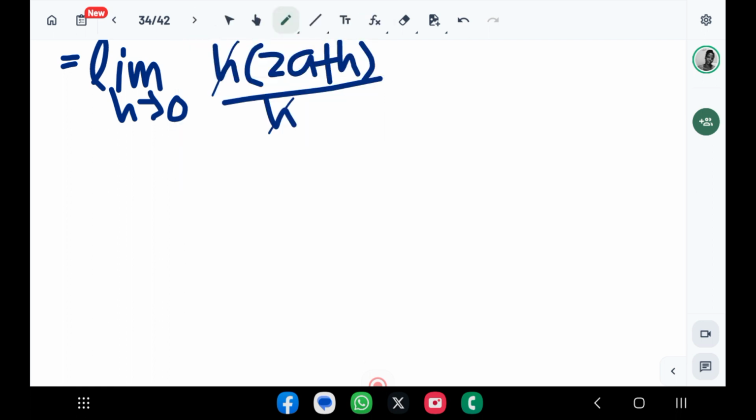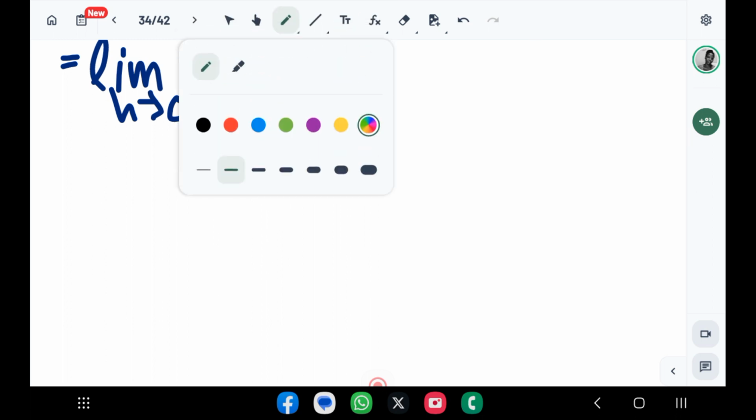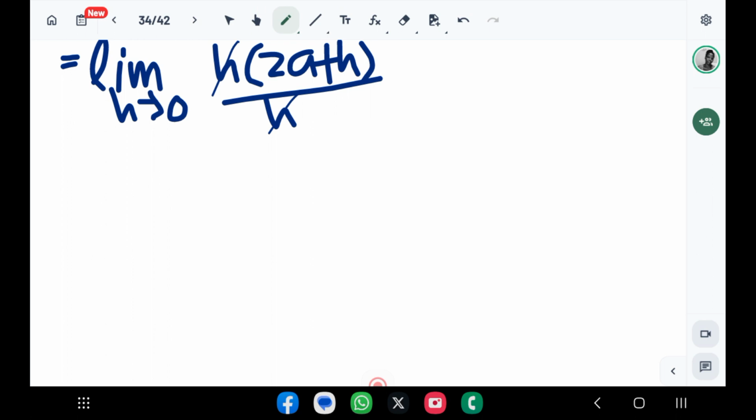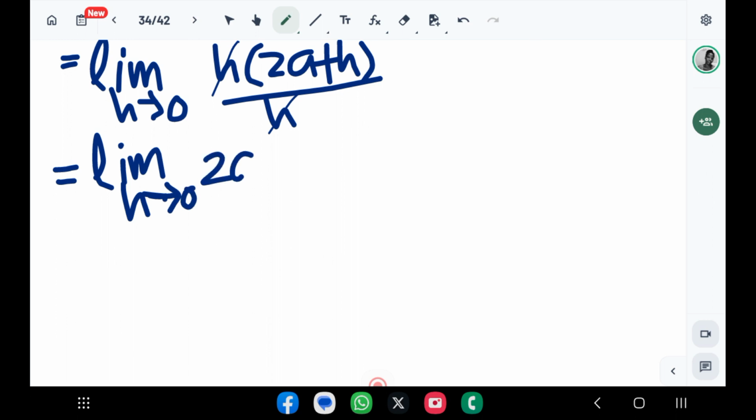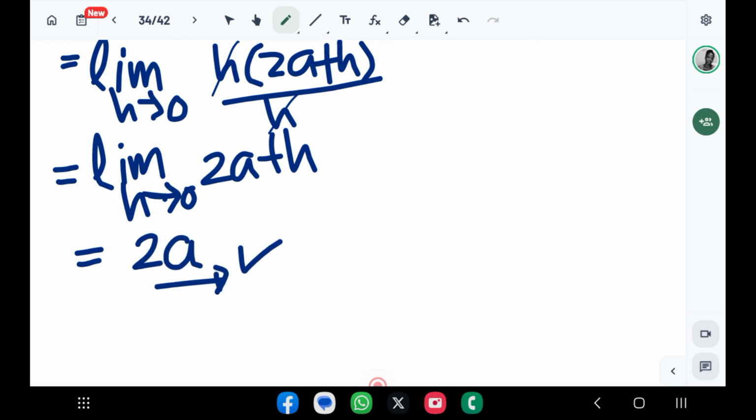The h's cancel out, and you're left with the limit as h tends to 0 of 2a plus h. Now as h tends to 0, h becomes 0. So the final answer there becomes 2a. And that is your answer there.